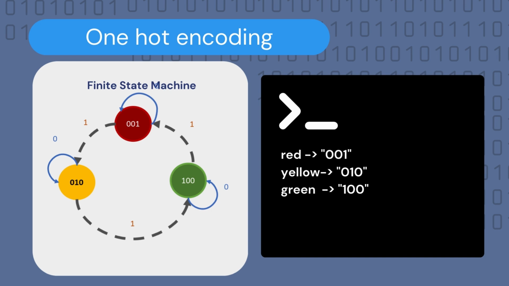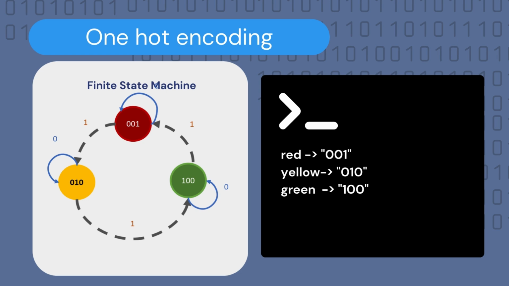So if we had 4 possible states, we would have a state represented by 4 bits, where each bit represents the true or false value of whether or not the current state is that state itself. So in our example, the red light state would be represented by 001, and the yellow would be represented by 010, and the green would be represented by 100.